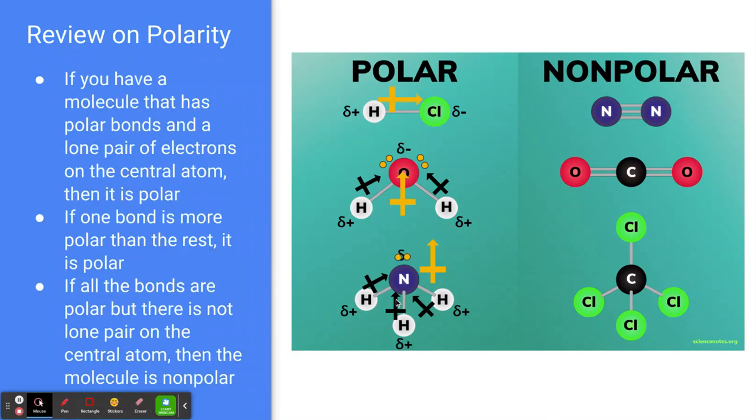So if we have a molecule that has polar bonds and a lone pair of electrons on the central atom, then it is polar. So if we take a look here, we've got water and we've got ammonia down there at the bottom. Water and ammonia both have polar bonds, meaning that the oxygen and nitrogen are going to want to pull the electrons more than the hydrogen. If we take a look over at the right-hand side, those would be nonpolar.